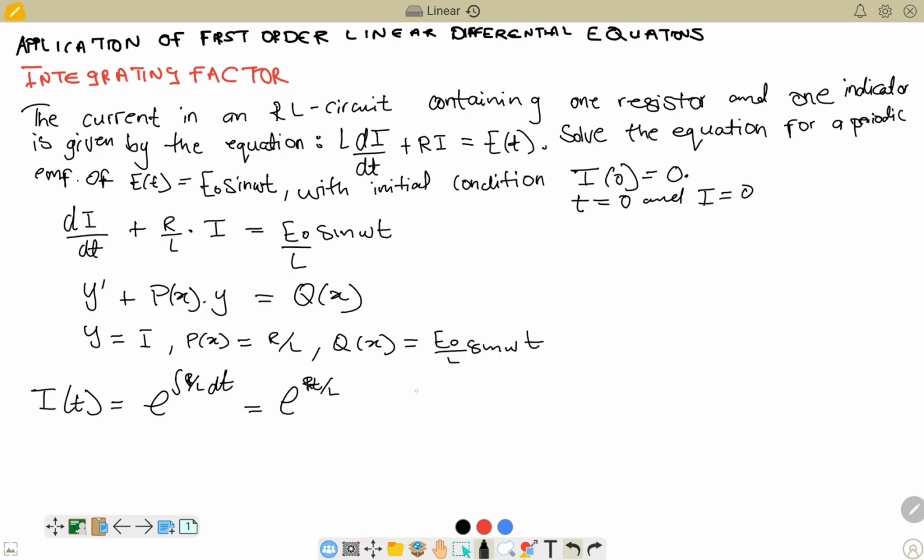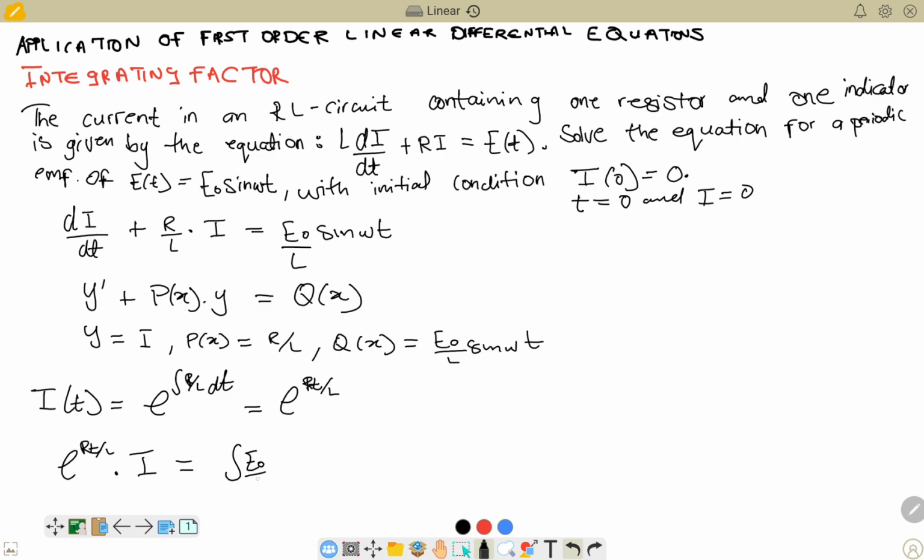So that is the integrating factor, and we know that the general solution is going to be integrating factor times y. In this case, it's actually going to be times I. Then it's equal to the integral of q(x). What is our q(x)?